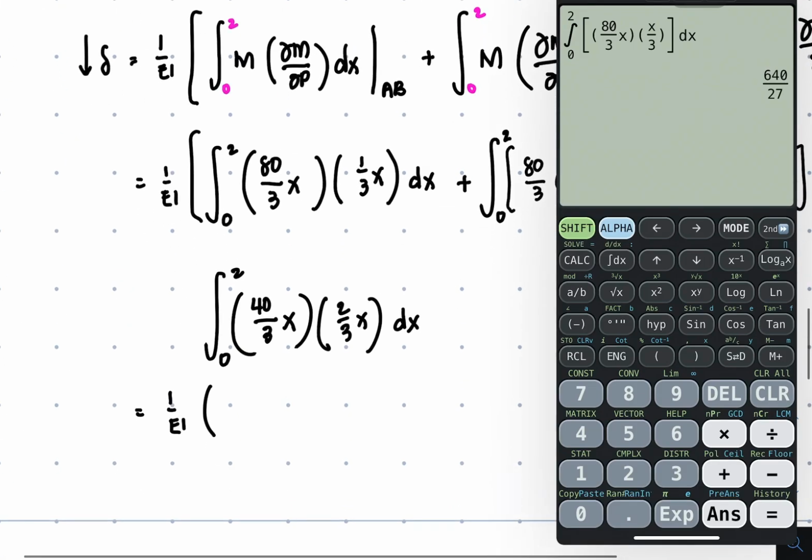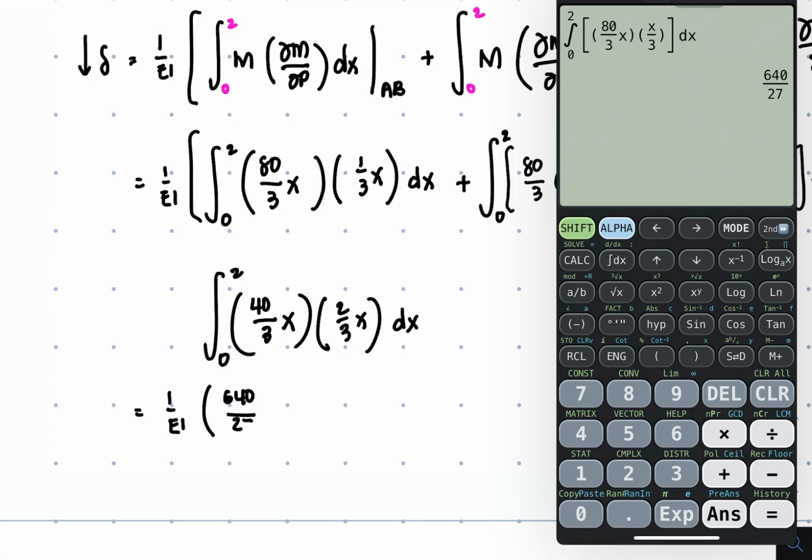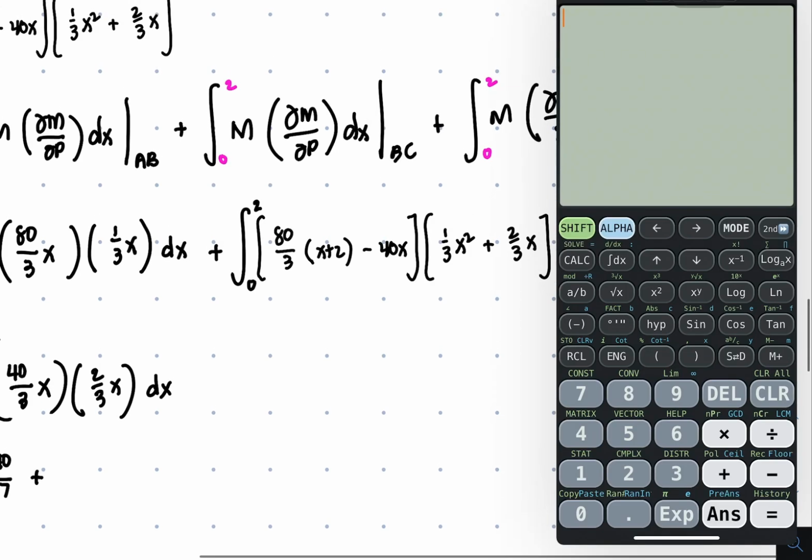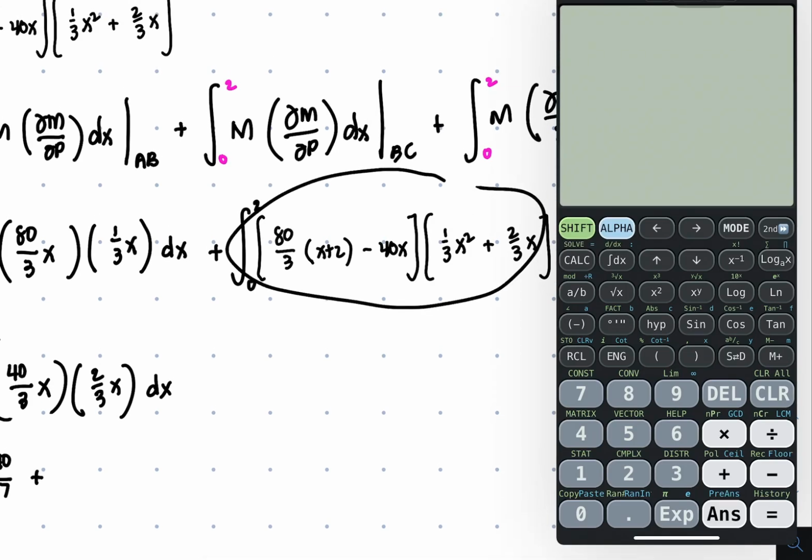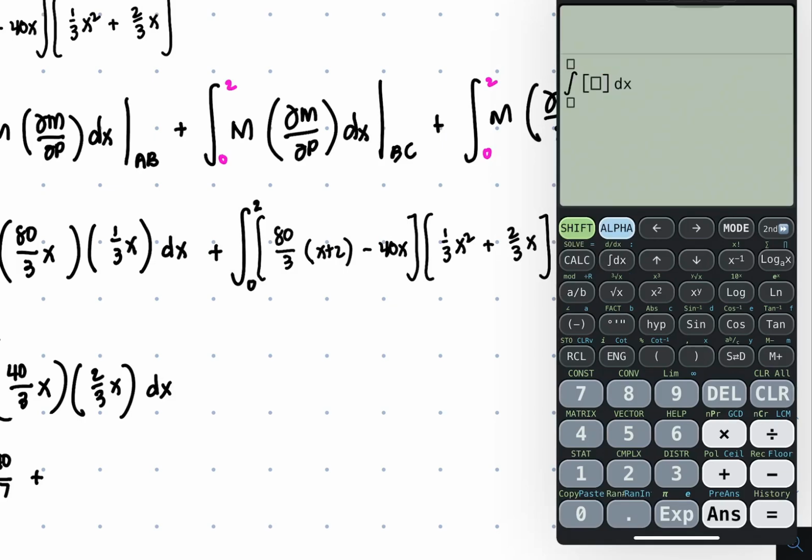So it's 640 over 27 plus this one, this term. It's going to be 80 over 3 times x plus 2. So it's better not to distribute the x plus 2 so that at least you don't enlarge your terms. There's a possibility that you might get mistakes along the process.